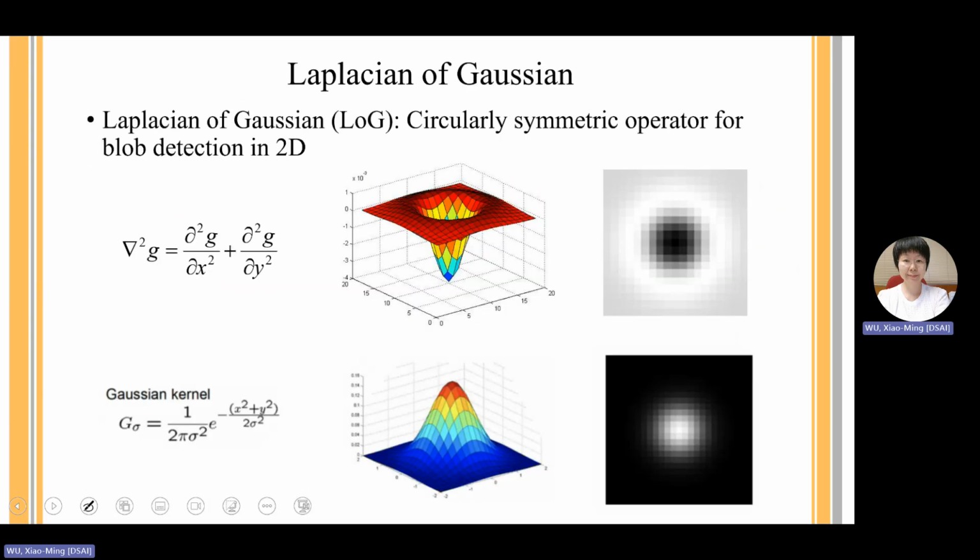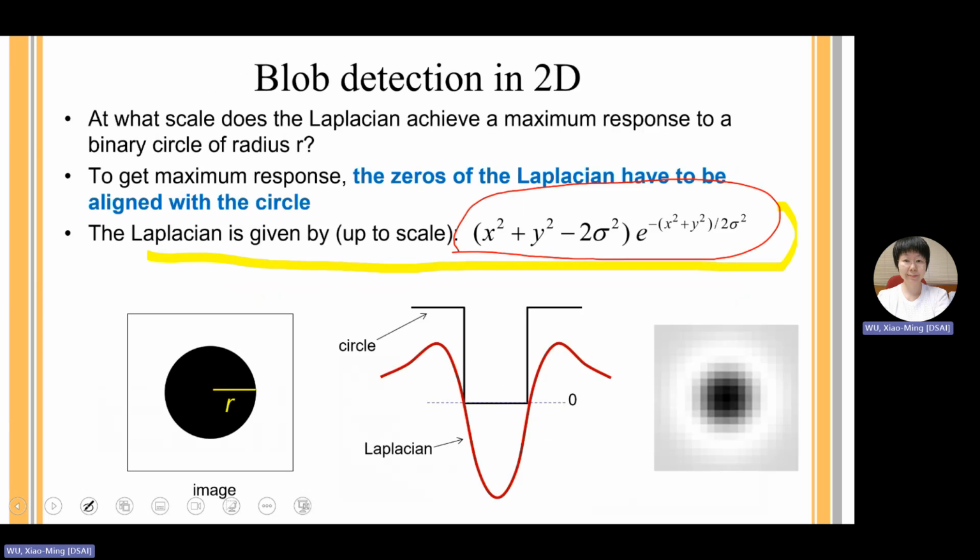We are given a Gaussian function G(x,y), because it's a two-dimensional function. Let's take the second order derivative with respect to x and the second order derivative with respect to y, and then we can derive the Laplacian of Gaussian.